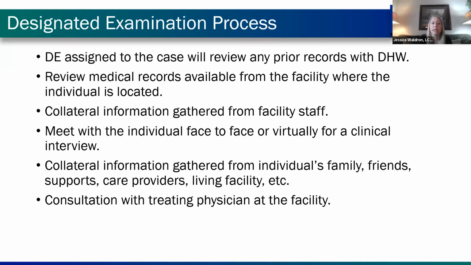If the patient was admitted to the medical hospital first for stabilization, or the ICU or anything like that, we'll request all of those records to be able to review everything. We'll gather information from the staff at the facility, the charge nurse, the case manager, any individuals that have worked with that person or are familiar with the reasons why that person came into custody.